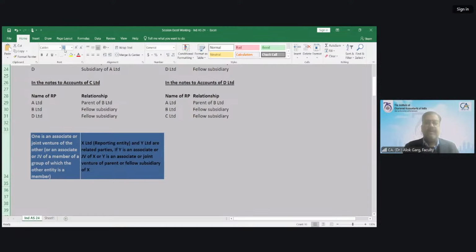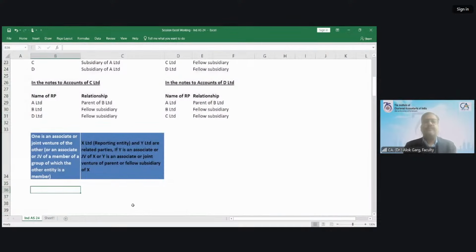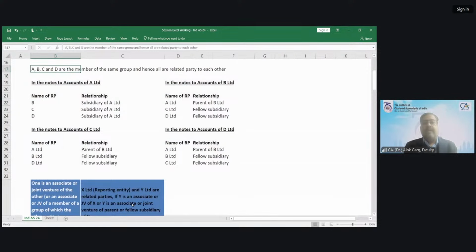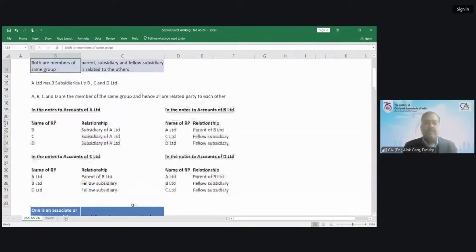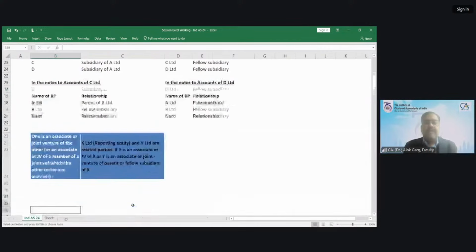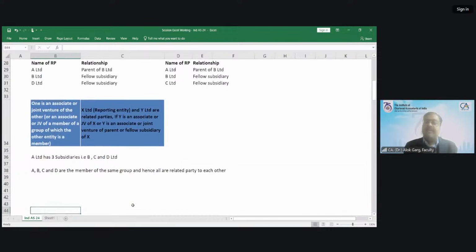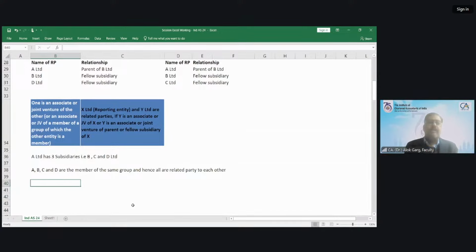So this we have just read, right? Now let's say A Limited has three subsidiaries, B, C, and D Limited. A, B, C, and D are members of the group, correct? And hence all are related parties to each other. A Limited is a reporting entity.